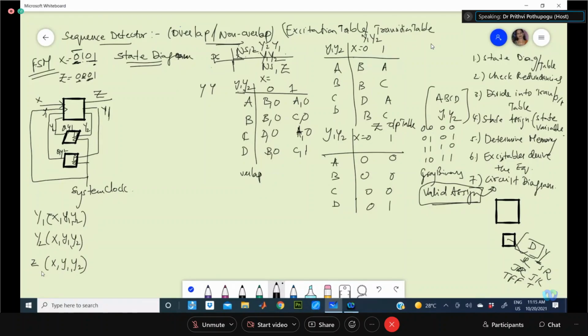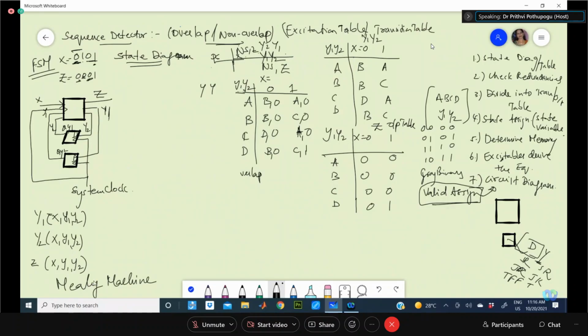Okay. Now see here, this is a design that can be categorized as a Mealy machine. Why? Because what is a Mealy machine? Mealy-Moore we said in the last class, I suppose. A Mealy machine is the one whose output depends on both the present state and the input.